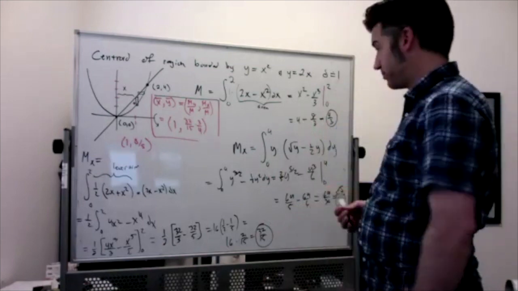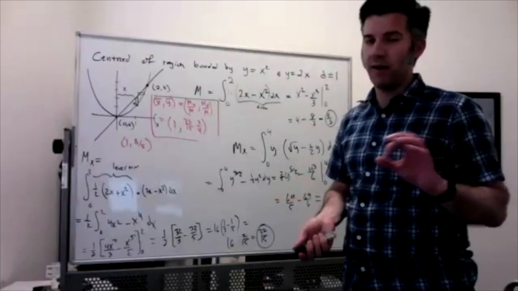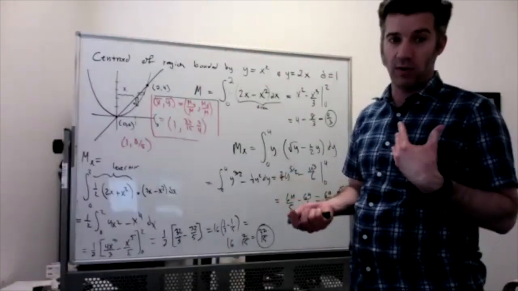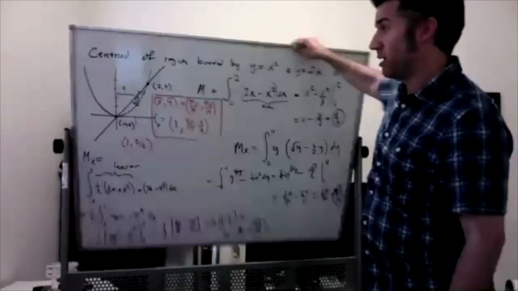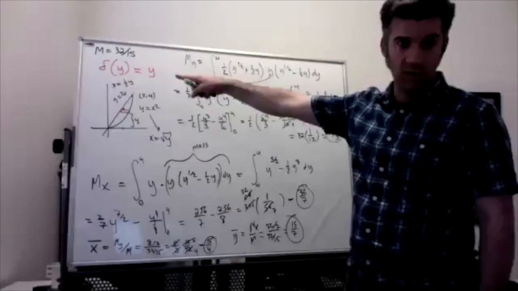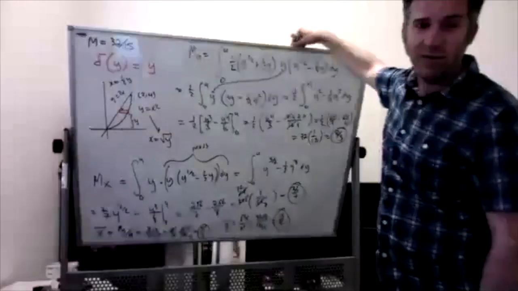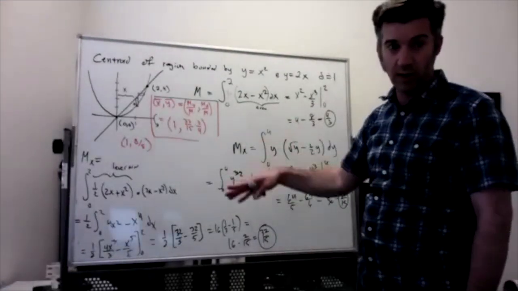It's your preference if you're doing a centroid and the mass is not variable. Here we didn't have a choice. We had to do it in terms of y because the mass density was variable. But you also have to be able to solve for y as a function of x and x as a function of y if you want to do it either way.